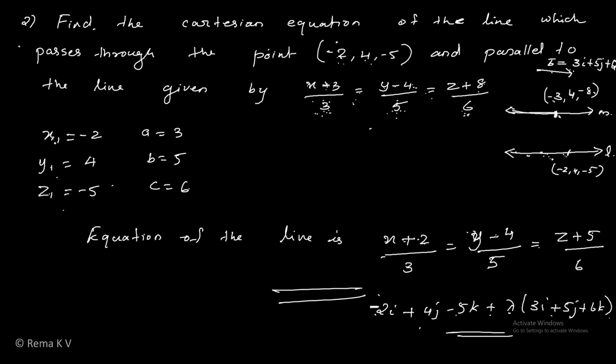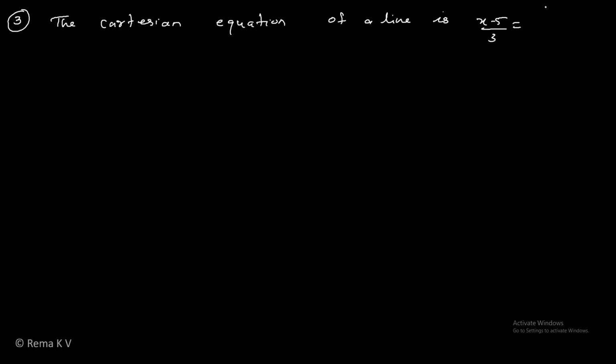Okay, now the next one. The Cartesian equation of a line is x minus 5 by 3 equals y plus 4 by 7 equals z minus 6 by 2.